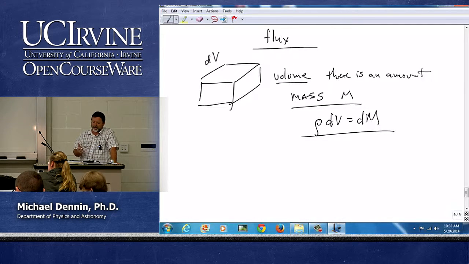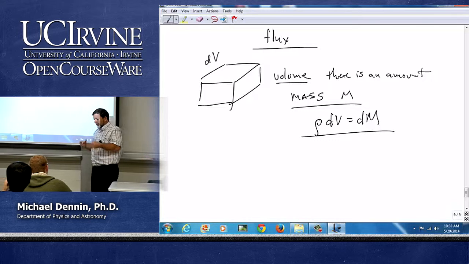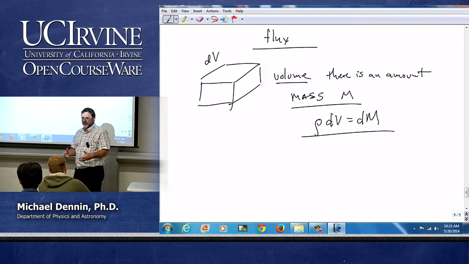So how do we describe the change of mass inside that volume in time? What would be the physics? What is the mathematical representation of the physical idea that the mass inside our volume is changing in time?